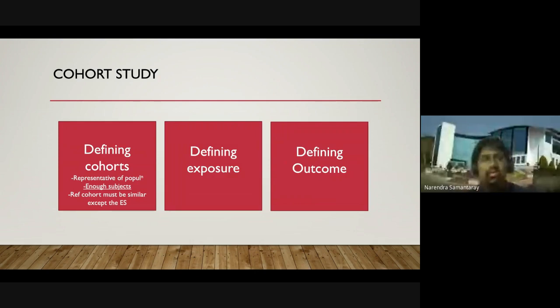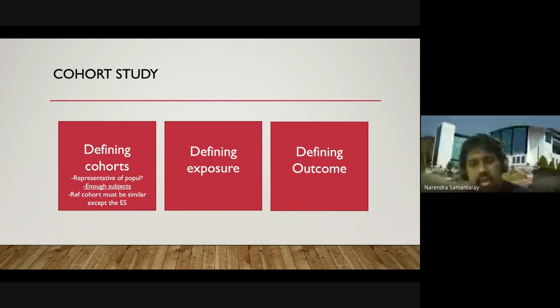What length of minutes of meditation defines that he will be included in the exposure group or not? Those definitions have to be very clear. Unless they are clear, there will be over-representation or under-representation of the exposure. What exactly is the criterion to define the person as exposed or not? That has to be clearly defined.